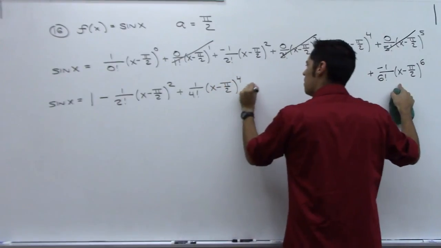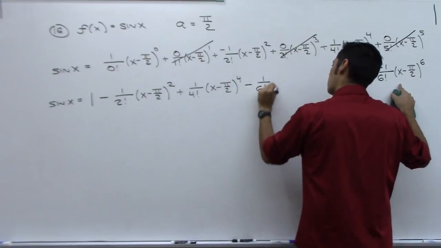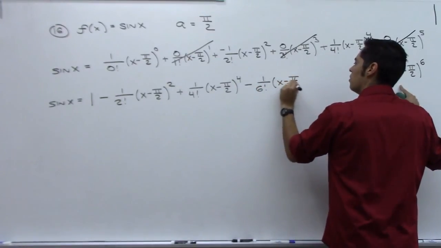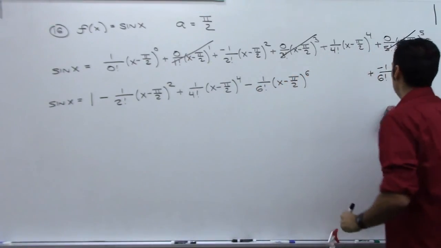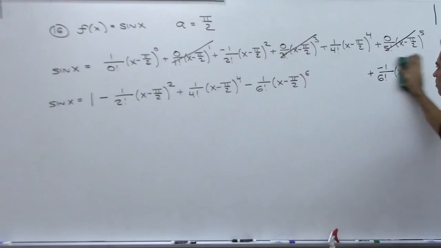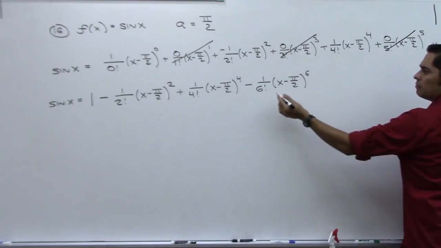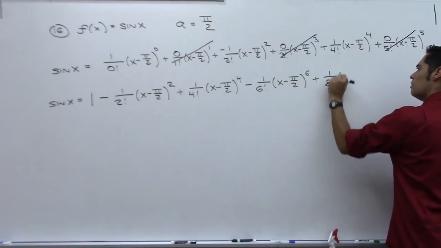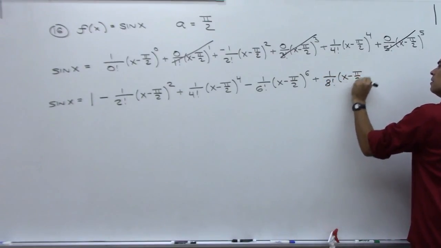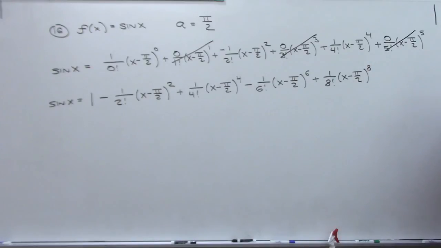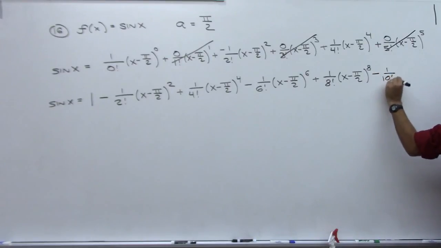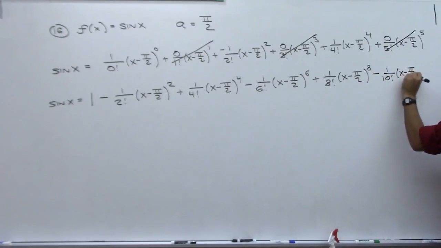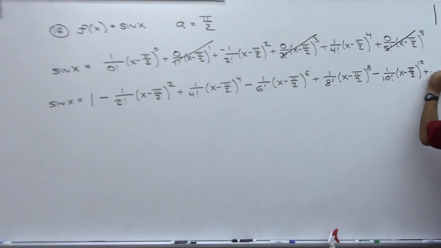The next one is minus 1 over 6 factorial, x minus pi over 2 to the sixth. Any guesses what the next one would be? It's going to be plus, and it's going to be even: 1 over 8 factorial, x minus pi over 2 to the 8th. And then the next one would be minus 1 over 10 factorial, x minus pi over 2 to the 10th, and so on.